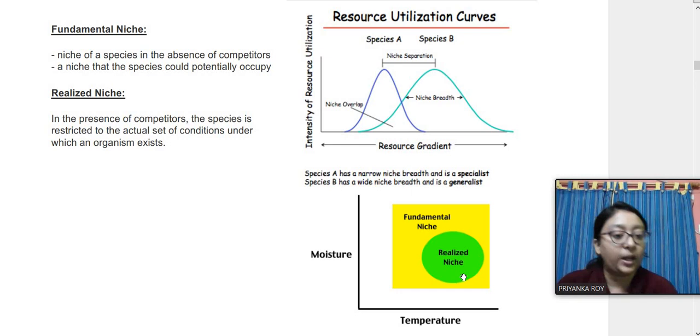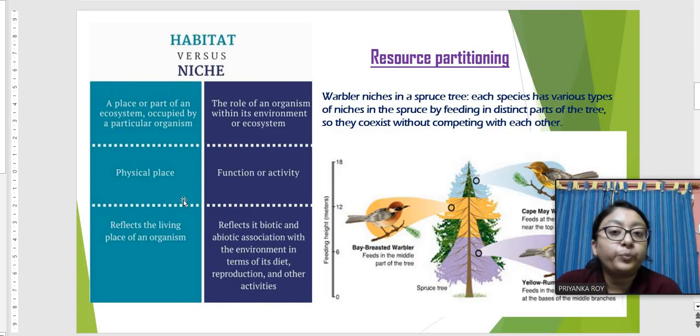Therefore, it can only occupy or explore a particular area, a particular type of food, and not beyond that. Then it is called a realized niche. This is the difference between fundamental niche and realized niche. So, like I have already said, habitat versus niche, and also the resource partitioning.